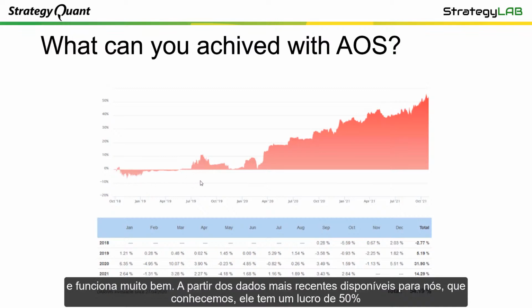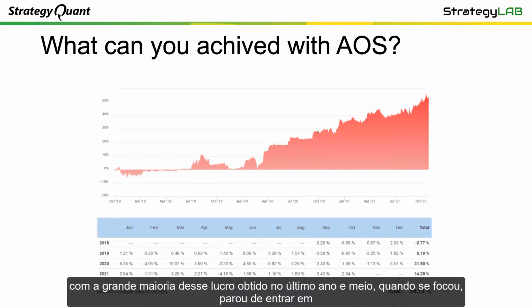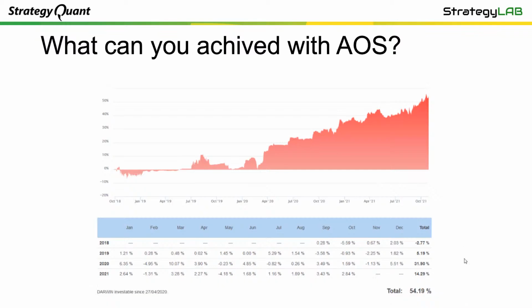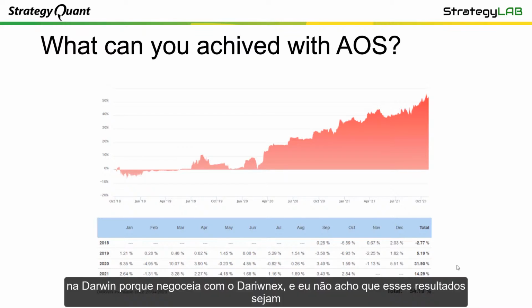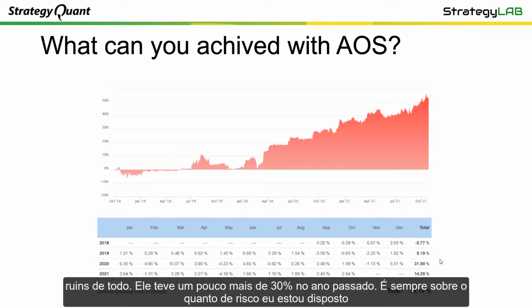As of the latest data available to us, he has a profit of 50%, with the vast majority of that profit made in the last year and a half when he got into it, stopped panicking, and it took off nicely and started making money. Since then, he's been trading it on Darwin as well, because he trades within DarwinX, and I don't think those results are bad at all. He had a little over 30% last year.